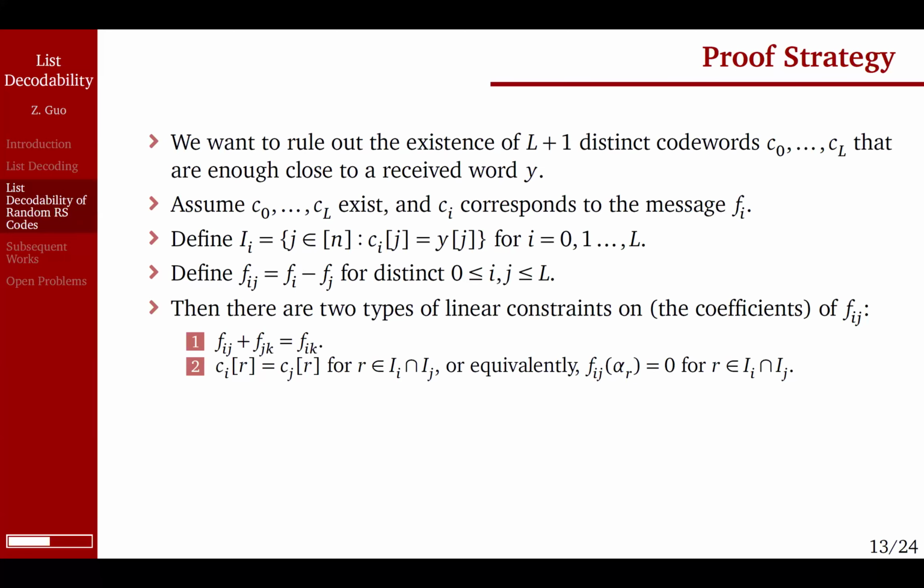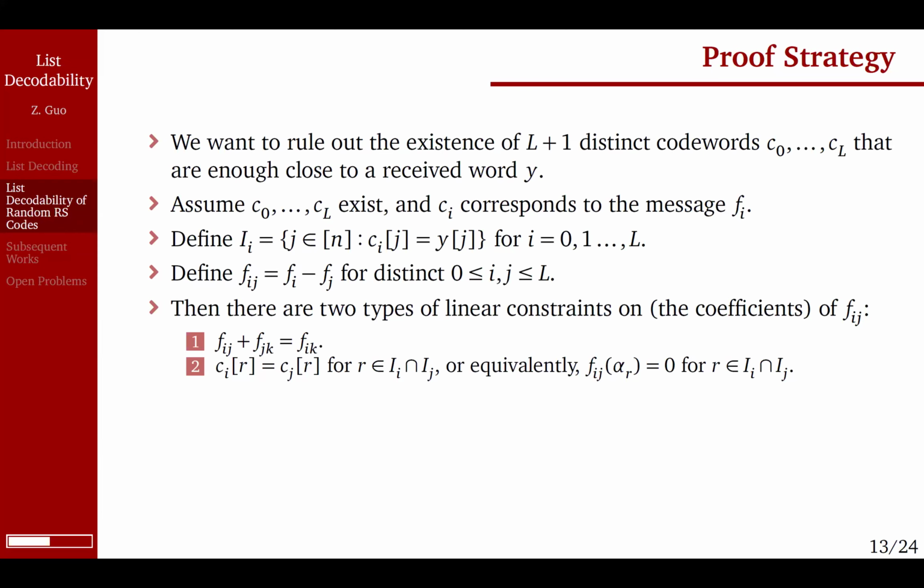Another relation comes from the agreement. If you think about this, for every coordinate R in Ii, the R coordinate of Ci agrees with the R coordinate of Y. But if R also lives in Ij, then Cj at R also agrees with Y. So if the index R lives in both Ii and Ij, Ci and Y agree on the R coordinate, and Cj and Y also agree on it.